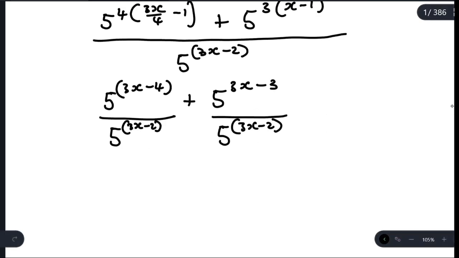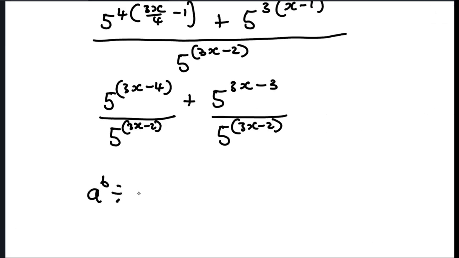So let's apply the law of indices here. When you have a raised to the power of b divided by a raised to the power of c, they must have a common base. If you want to resolve this, this becomes a raised to the power of b minus c, right? Now, because they have a common base of 5, I can apply the division law of indices right here. So it's going to be 5, and the numerator, 3x minus 4, I can include in the bracket.